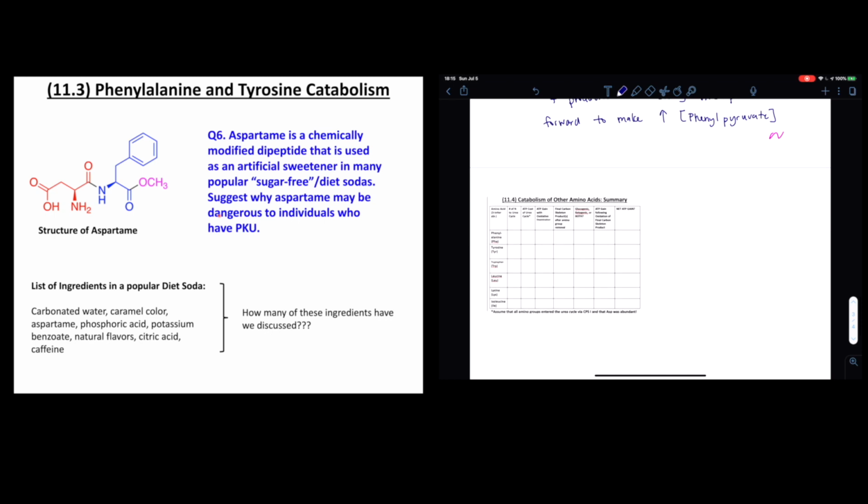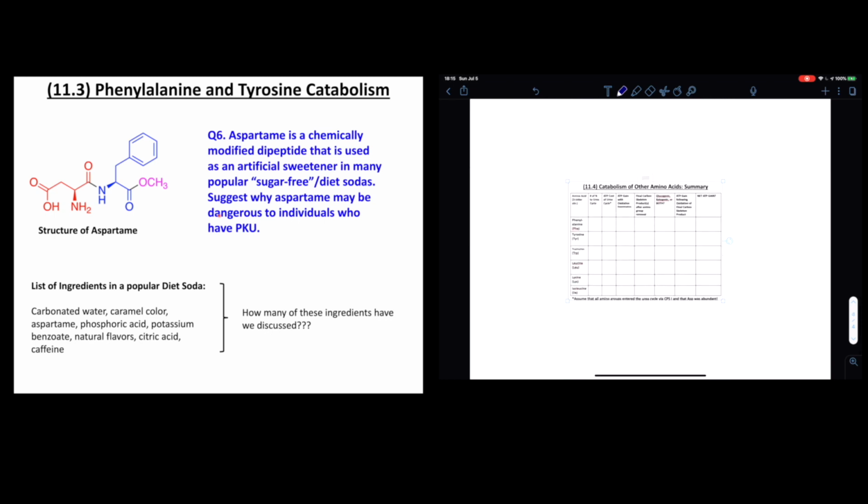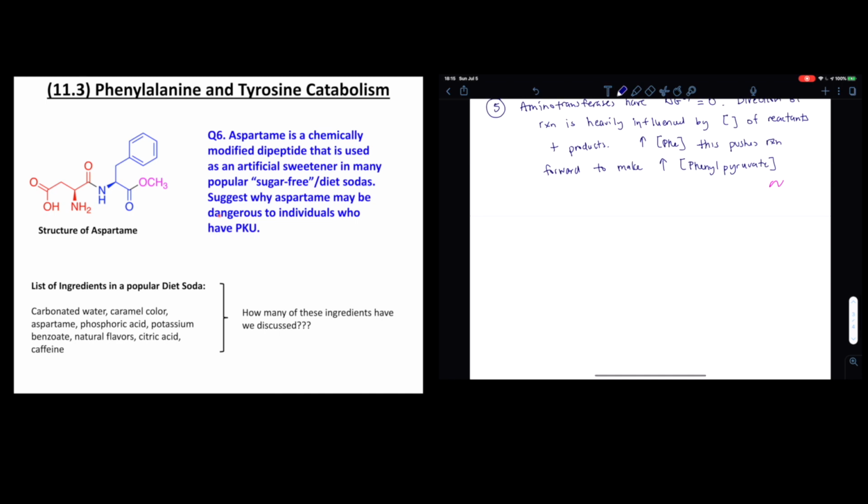Okay, so let's write this down. Let me just move this table. Okay, so why is it dangerous? This is because aspartame is a dipeptide of aspartate and phenylalanine, and then when consumed, produces an increase in the amount of aspartate and increases in the amount of phenylalanine, right?